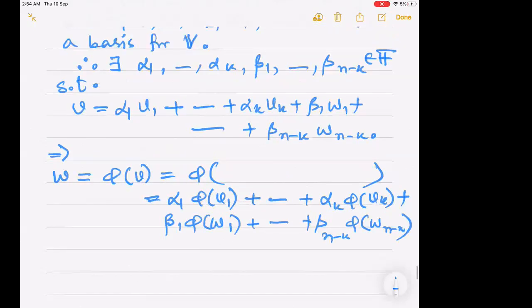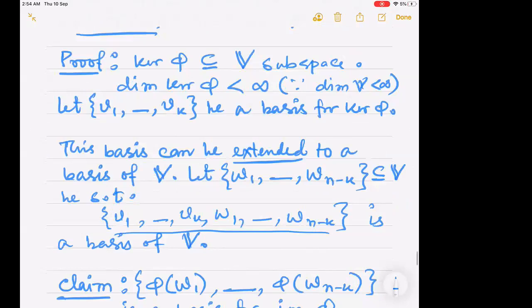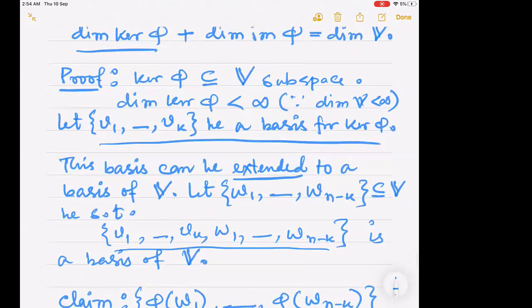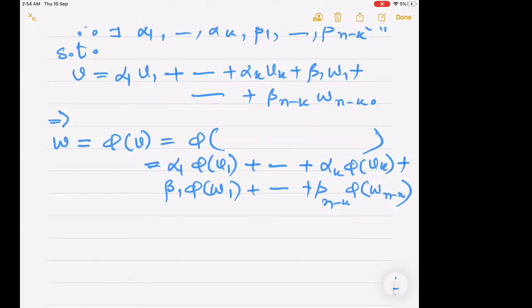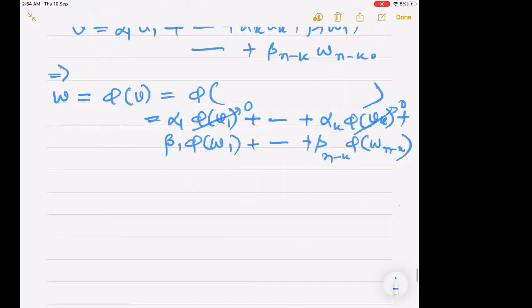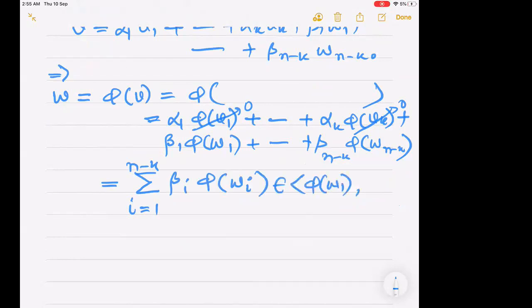That is how we have chosen them. So they themselves must belong to the kernel of phi, so they go to 0 as phi acts on them. All of this goes to 0. This is nothing but the summation i going from 1 to n minus k of beta i phi wi, which obviously belongs to the span of phi w1 up to phi wn minus k, right?